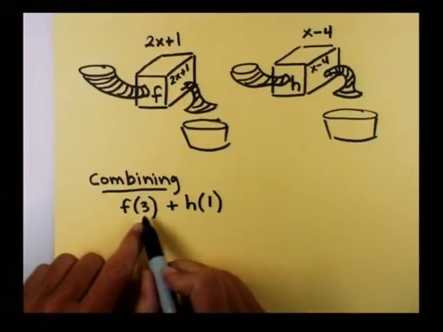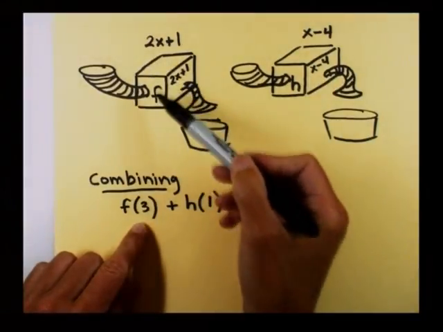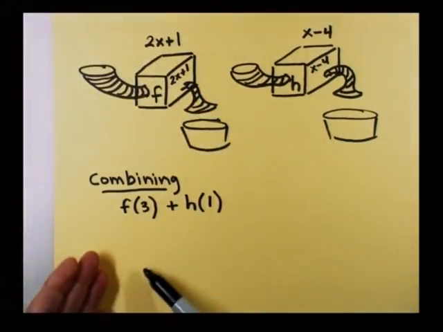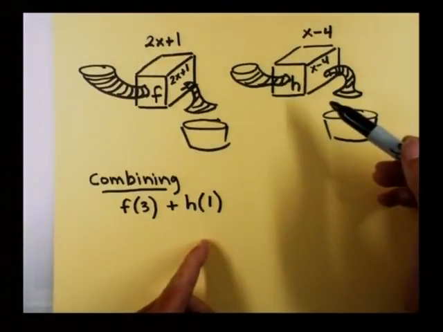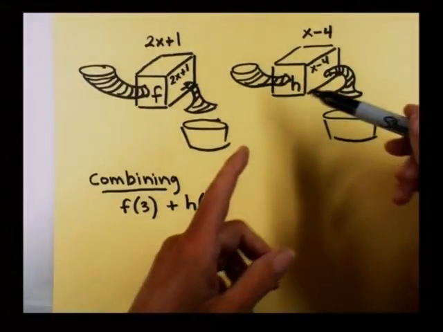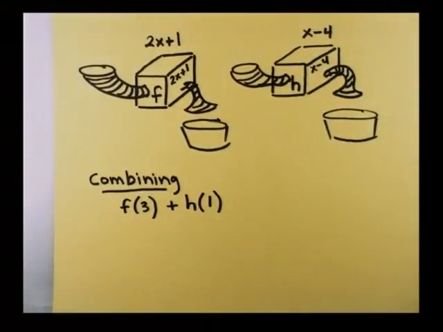I'm going to take the 3 and plug it into our first function and get an answer for that. Then I'm going to come over to my H function, put a 1 into the machine for H, get an answer for that, and I'll add my answers together.